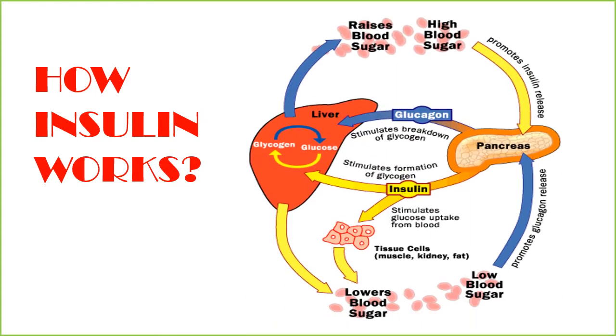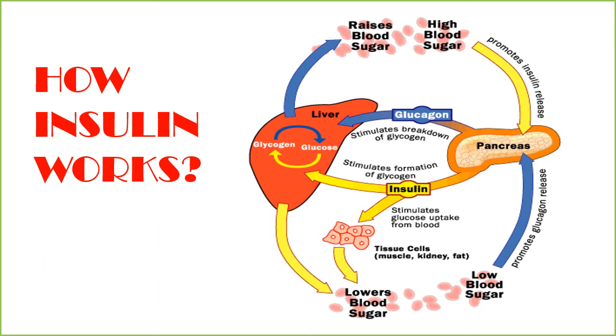Now let's see how insulin works. If there is a high blood sugar, this stimulates the pancreas, which causes the release of insulin. Now insulin causes the conversion of the glucose into the glycogen in the liver, which further lowers the blood sugar.